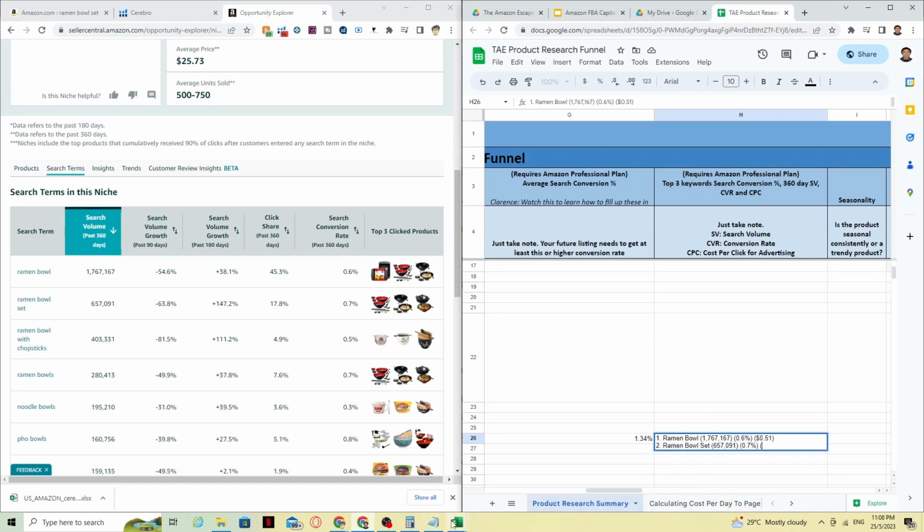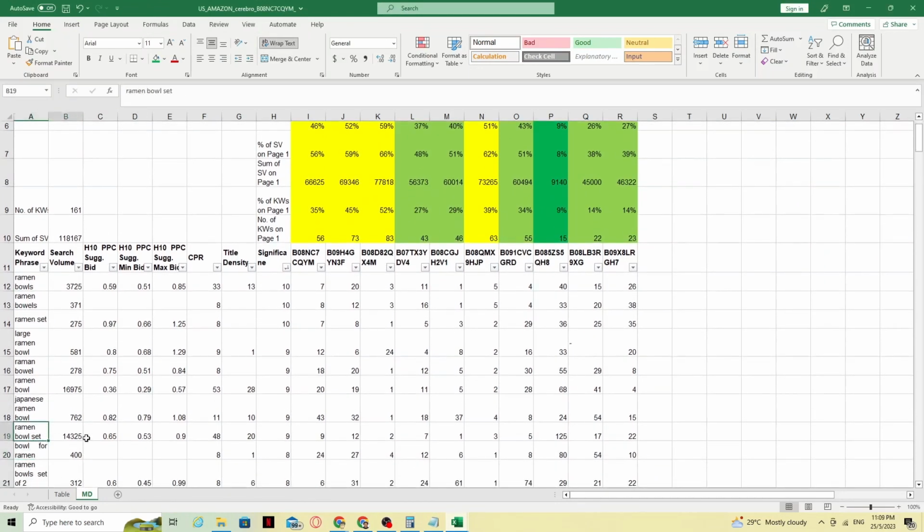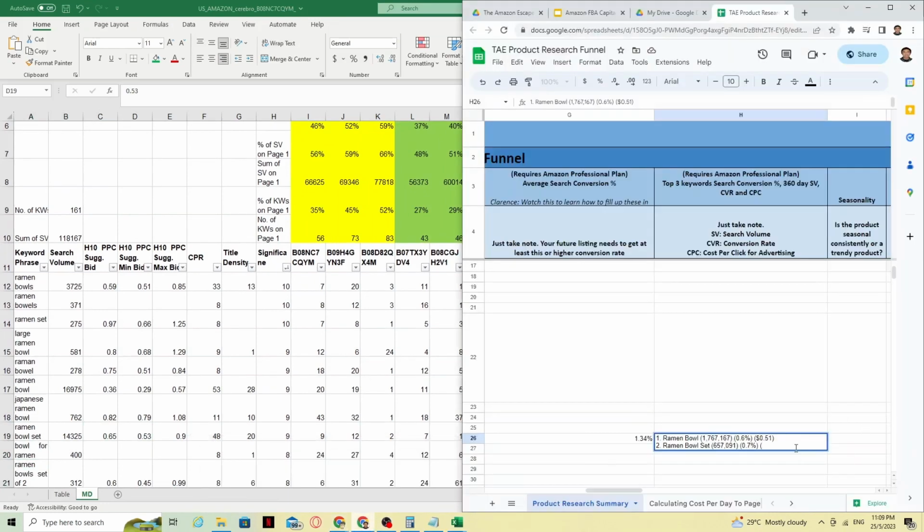CPC data, Cerebro, ramen bowl set. Okay, let's search. There we go. Ramen bowl sets here. Our CPC data 0.53 as our suggested bid. So there we go. We have this data here. From the looks of it, it seems affordable because it's less than $1.